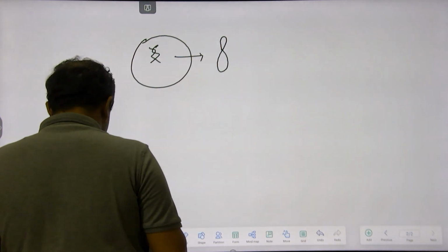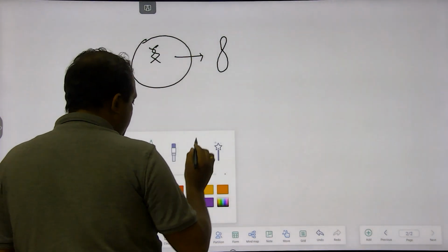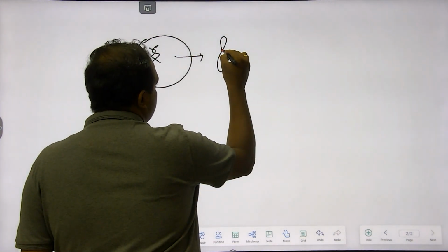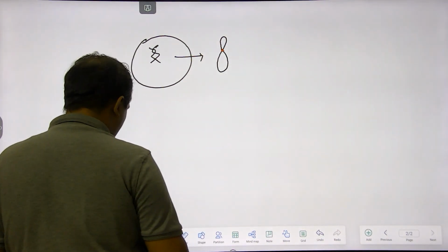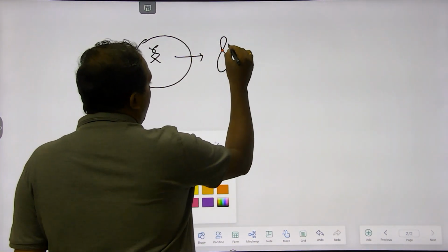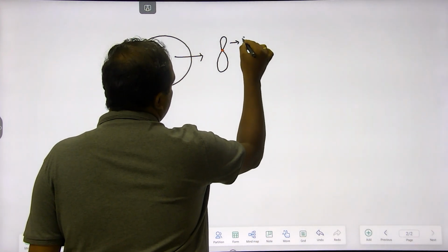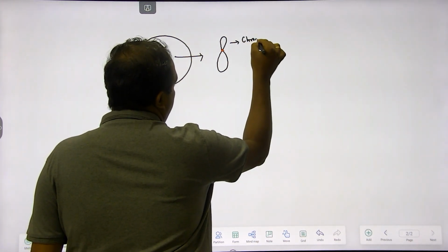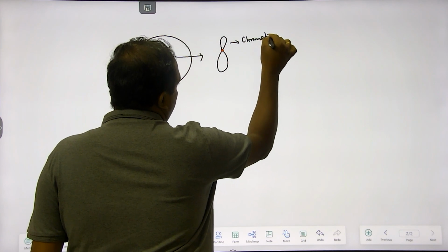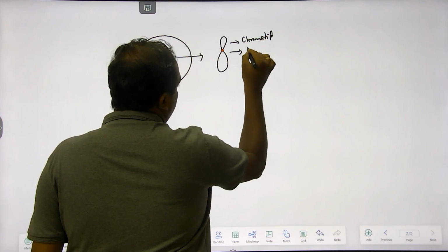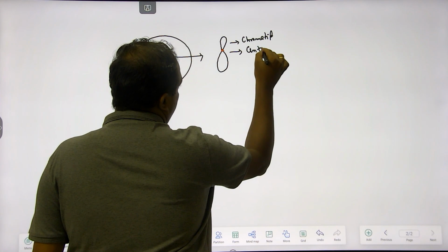And your chromosome has a primary constriction site which is called the centromere. I hope you are thorough with this basic thing. So this I can call a chromatid, and this central part is called the centromere.